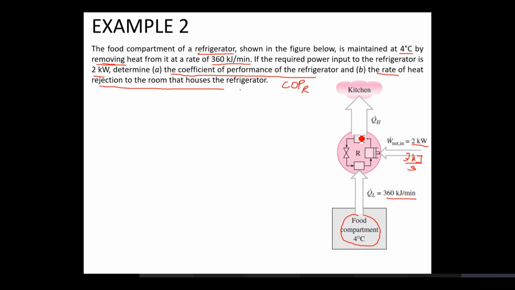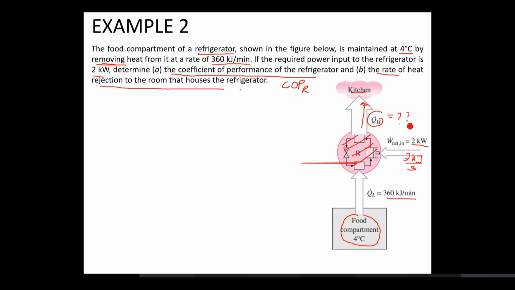So if this is your refrigerator, at what rate it is rejecting heat out to the atmosphere, that is your kitchen or wherever you have placed it. So you have to determine what is Q dot H.